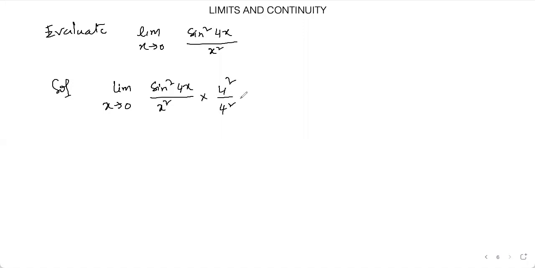So I can put this together: limit x tends to 0 of sine square 4x by 4 square x square, into 4 square, which is 16. I'll keep it outside.